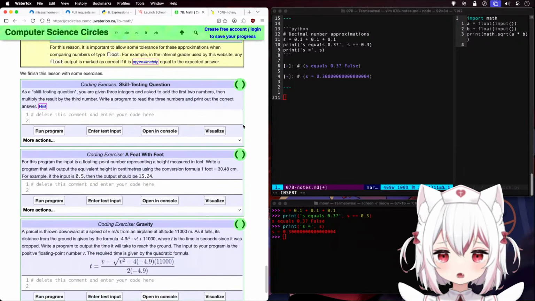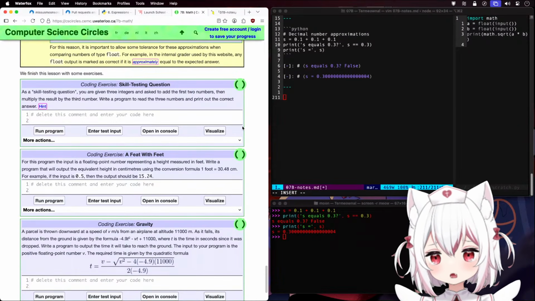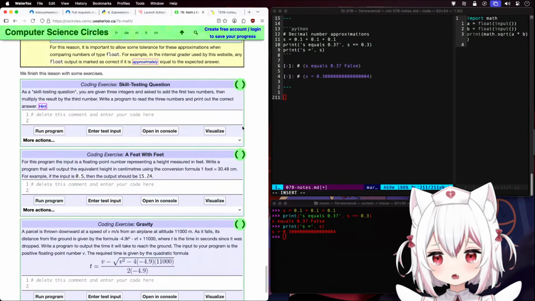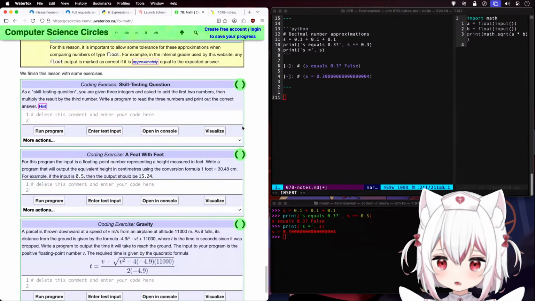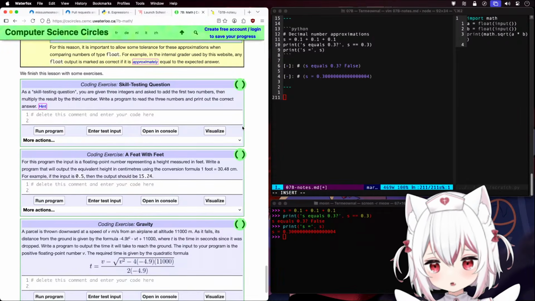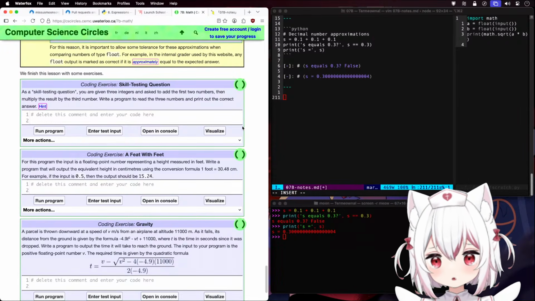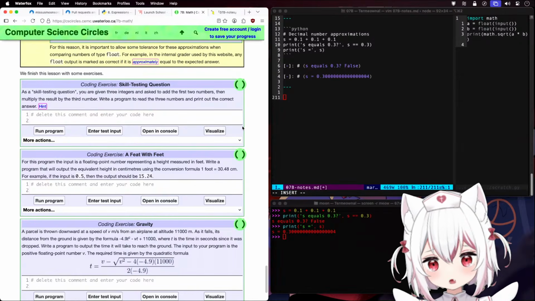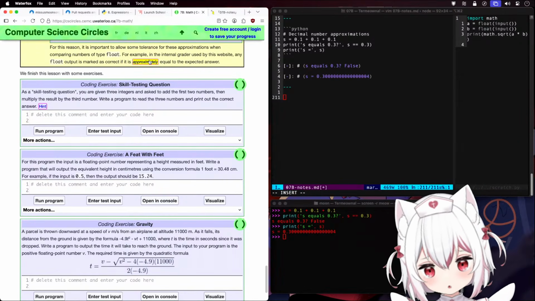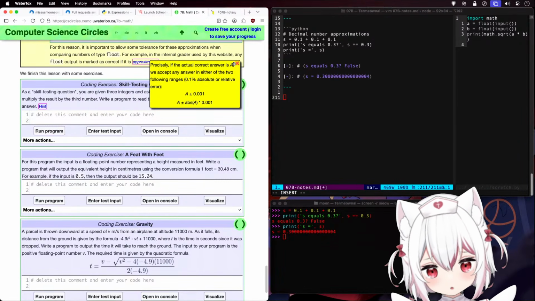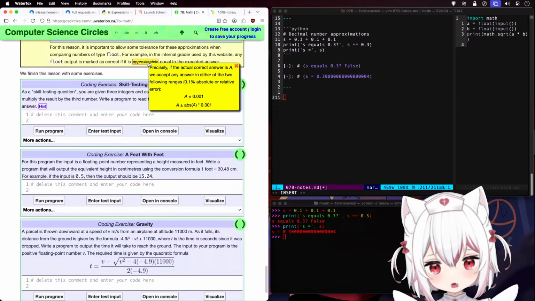For this reason, it's important to allow for some tolerance of these approximations when comparing numbers of type float. For example, in the internal grader used by this website, any float output is marked correct if it's approximately equal to the expected answer.